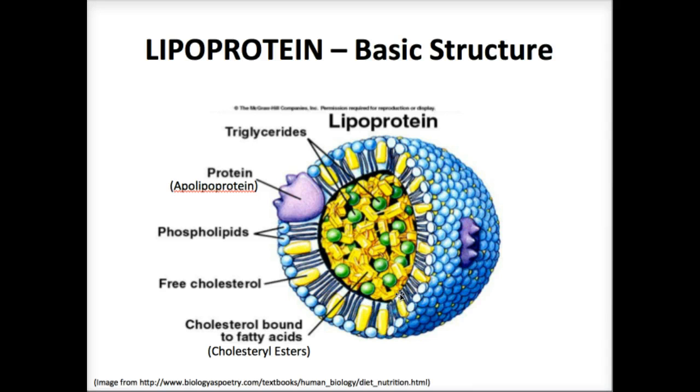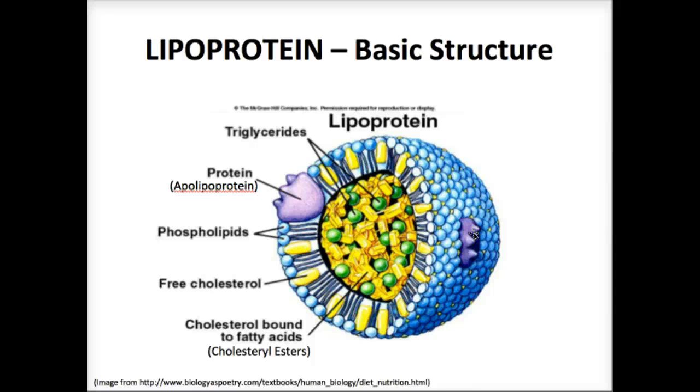Now these proteins that occur within the lipoprotein's membrane, these purple ones, are called apolipoproteins. And they are the component that actually enables the lipoprotein to interact with cells at any given destination point in the body, such as a hepatocyte in the liver or an endothelial cell inside a blood vessel, or perhaps even a muscle cell.